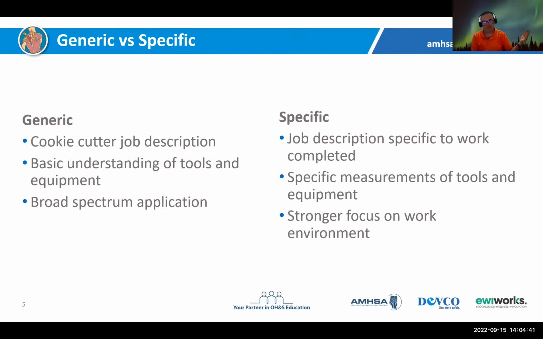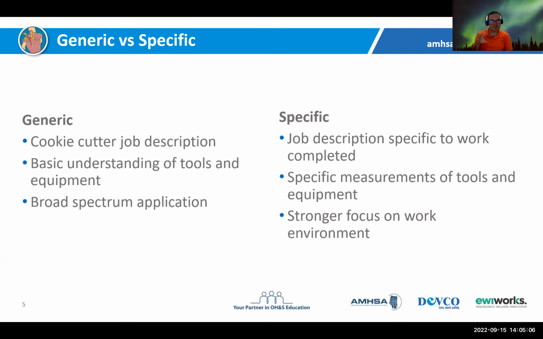or if you are coming out of university and trained to be a pilot or a mechanic or something, you'd kind of have the base scope of what it is that that position is supposed to do. Where the specifics gets into it is what that job actually does. So specific to the work being completed, specific to the environment, specific measurements of tools and equipment that are used.